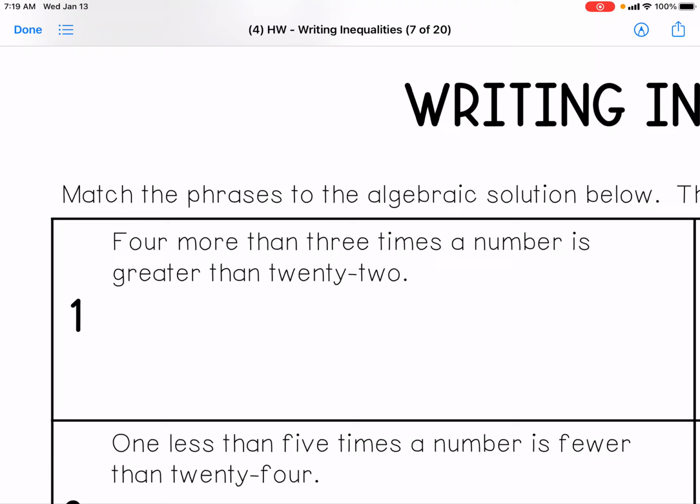Alright, here we go. 4 more than 3 times a number is greater than 22. So 4 more than means 4 plus. That gives 3x plus 4 greater than 22.